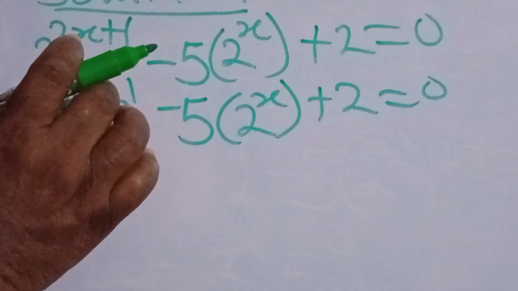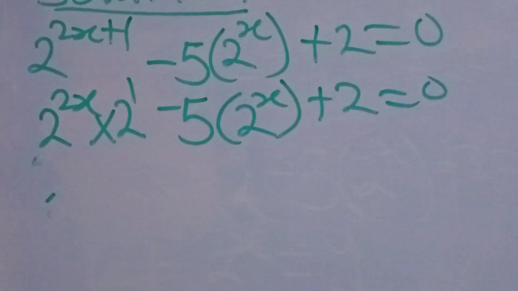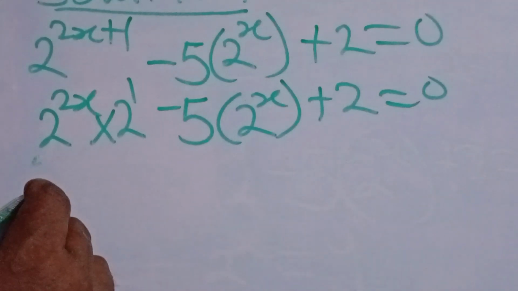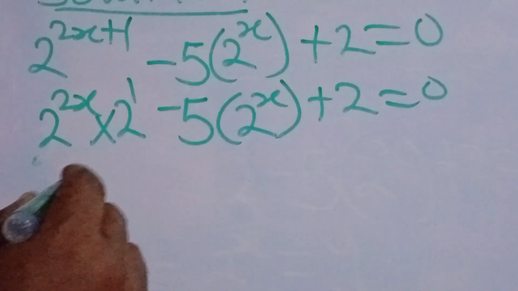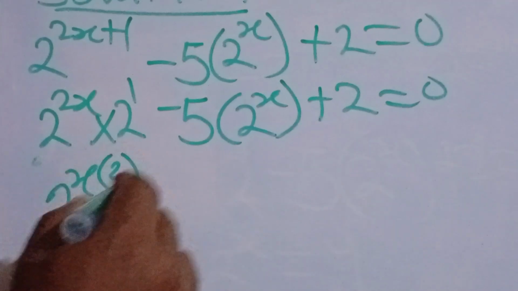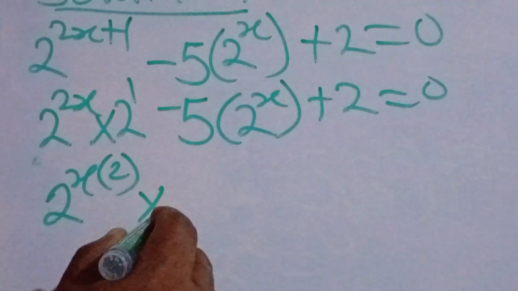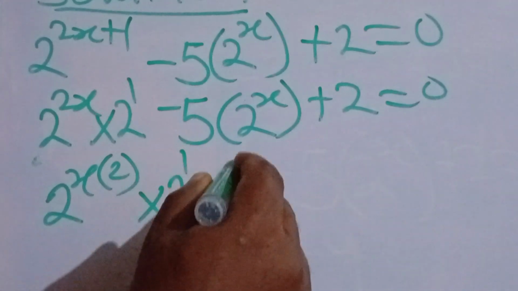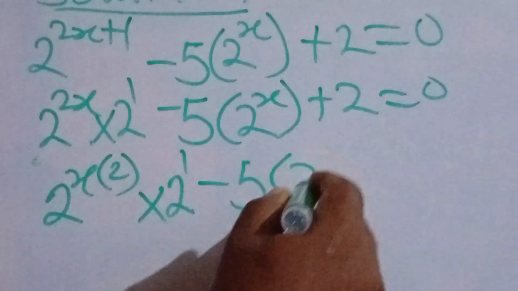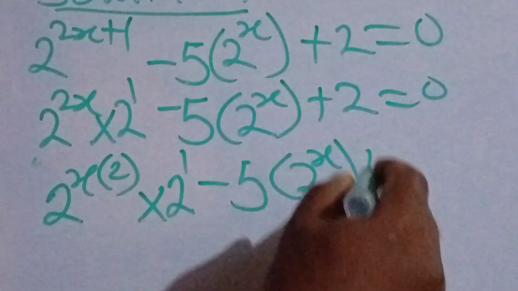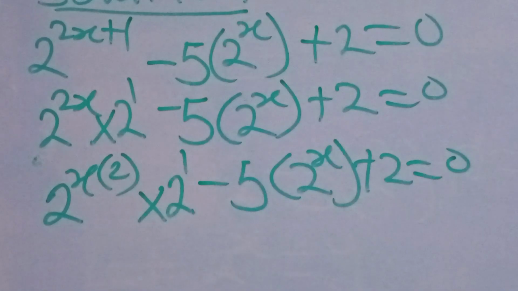We can separate this one and write it in the form of 2 raised to the power x (2 raised to the power x) times 2 raised to the power 1 minus 5(2 raised to the power x) plus 2 equals 0.